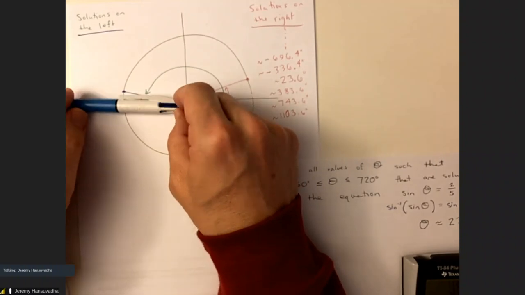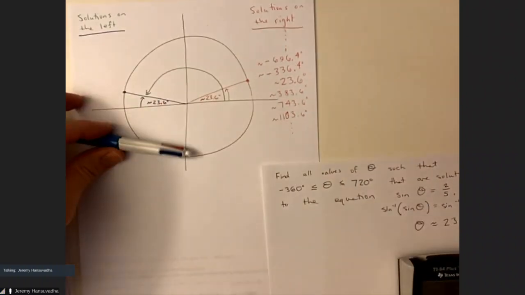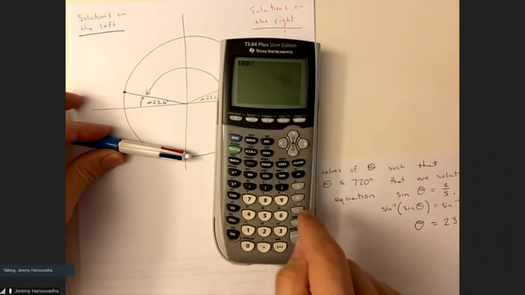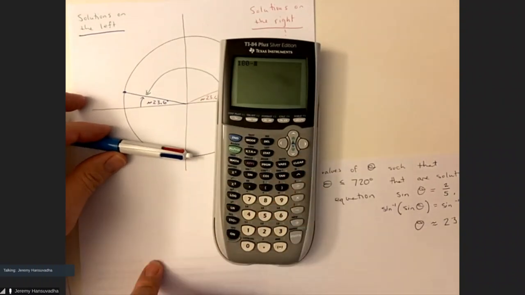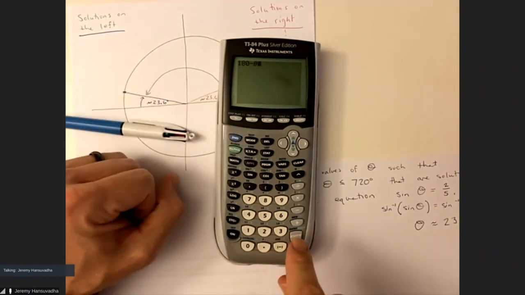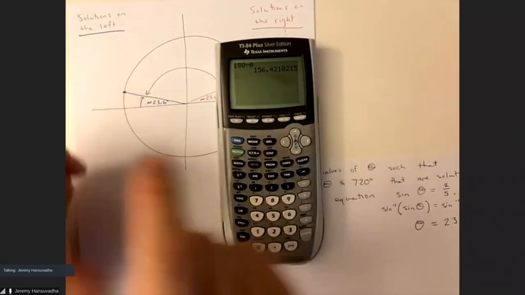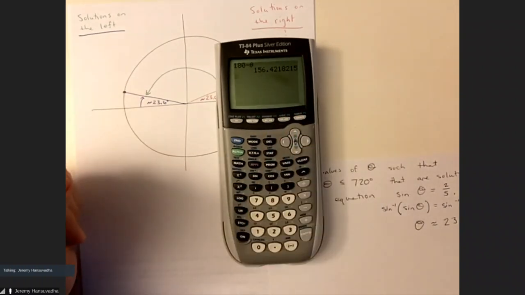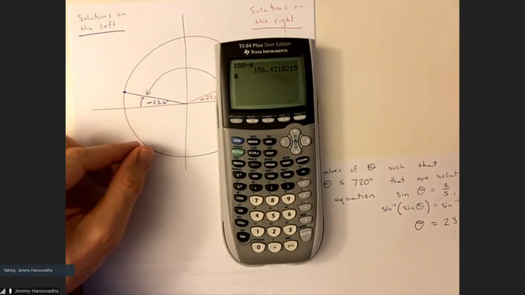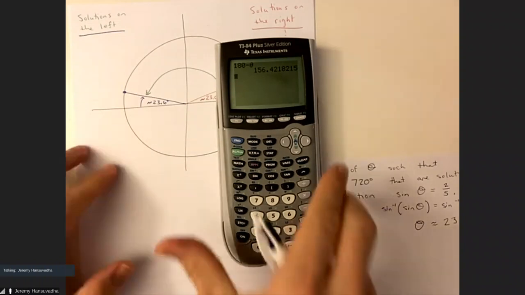I need to go back 23.6. So I'm going to start at 180, and I'm going to go back 23.6, which remember I stored as theta. 180 minus 23.6 is 156.4. So 156.4 degrees will be a solution on the left side.